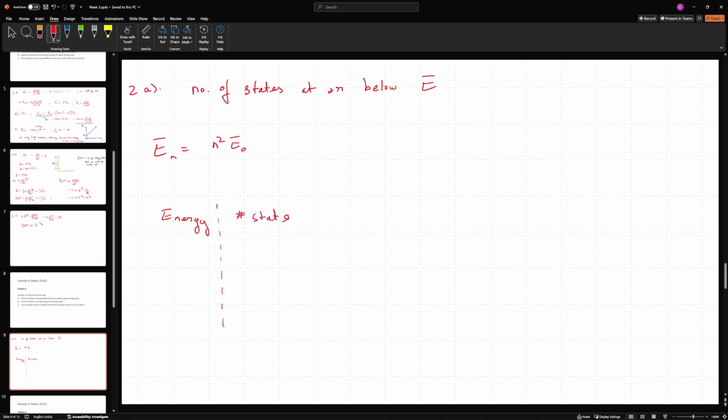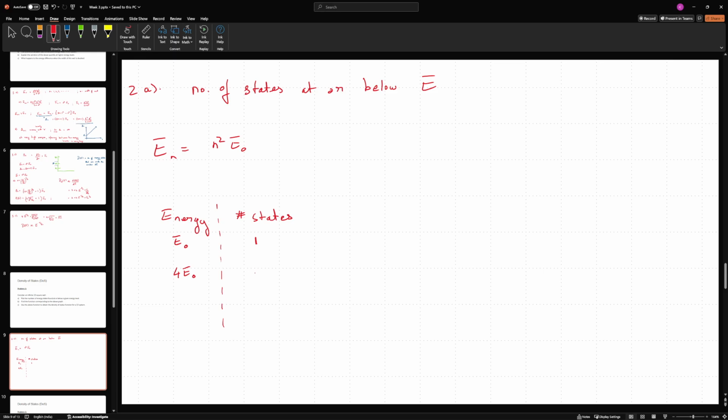So first, how many energy states will we have at or below E naught? E naught is the ground state energy. There cannot be an energy level below that. So number of states below E naught is definitely 0. Next energy level is 4 E naught.